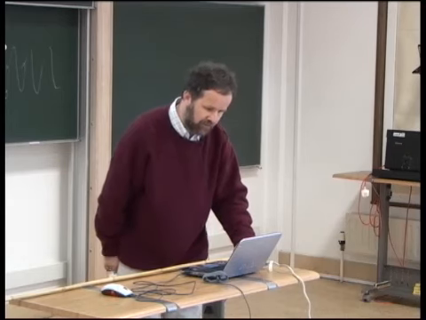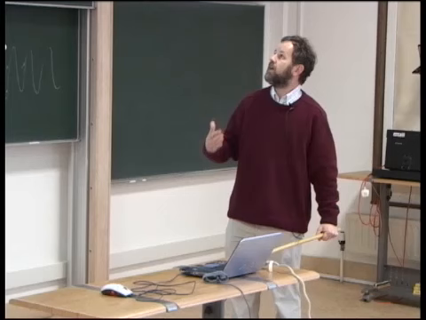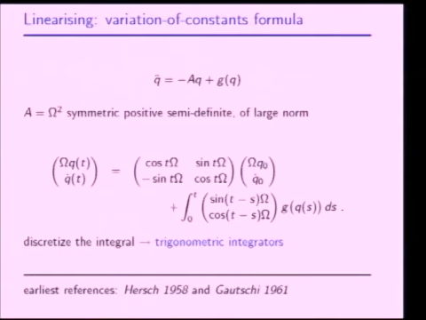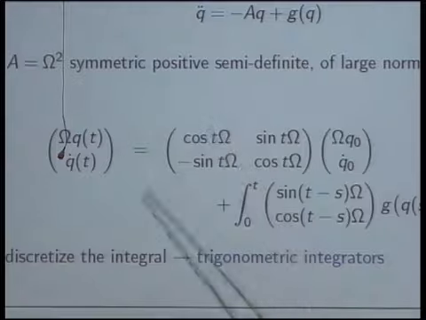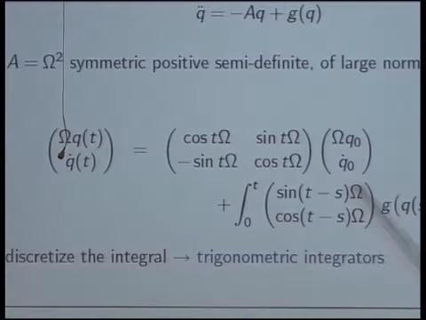Another idea that's often quite fruitful is just try to isolate a dominating linear part and then use the variation of constants formula. So if I have a differential equation of that type, where A is positive semi-definite, write it as the square of a matrix omega, then write down the variation of constants formula as given here with this cosine and sine matrix and this integral.